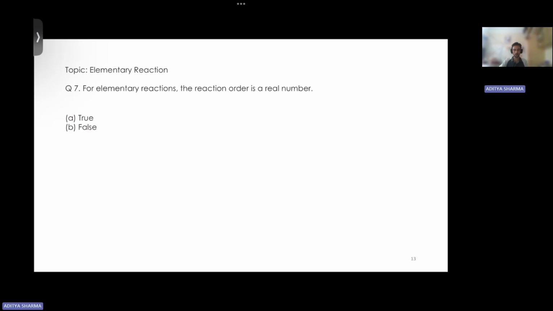The question is on the reaction order. Please read the statement and then say whether the statement is a correct statement or a false statement. You can try to answer this.